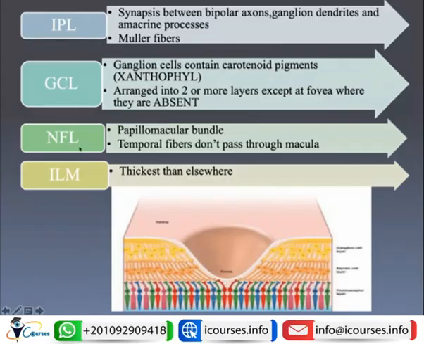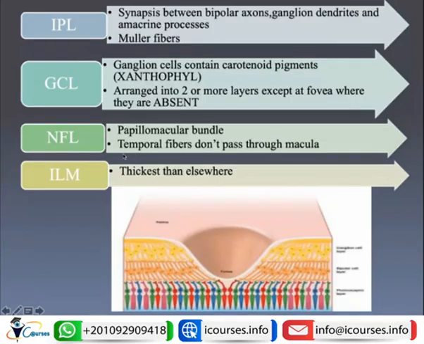The nerve fiber layer at the area of the macula forms the papillomacular bundle, as we said earlier, and it will pass directly toward the temporal edge of the optic disc. The temporal fibers do not pass through the macula.